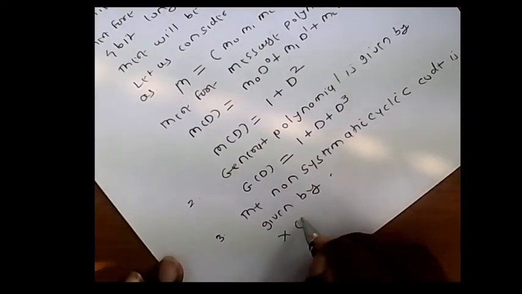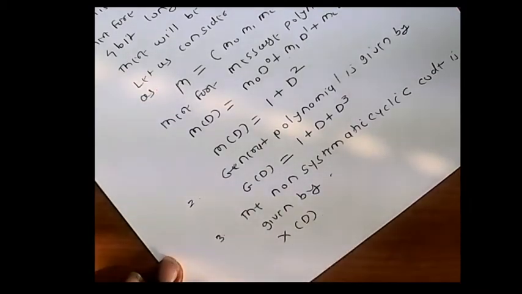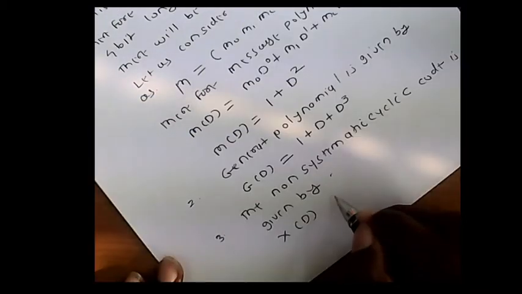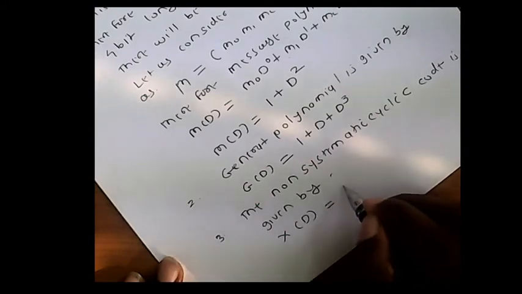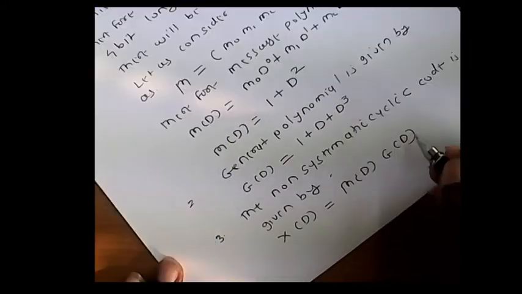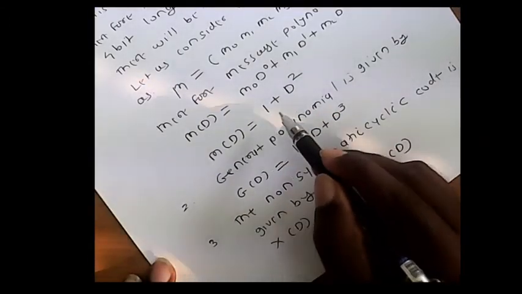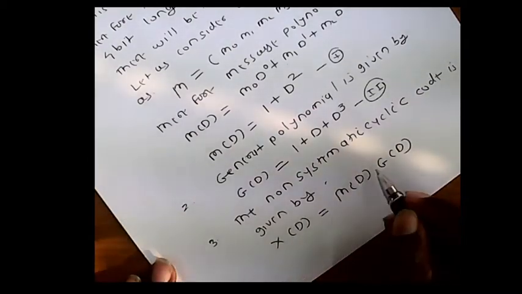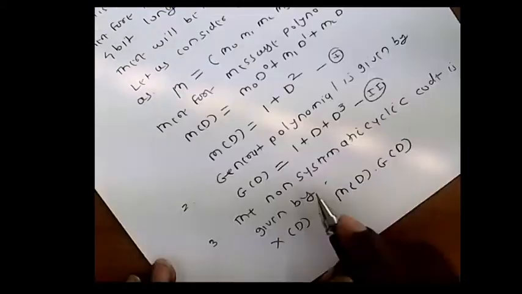X(D) = M(D) g(D), with M(D) from equation number 1 and g(D) from equation number 2. So we multiply the message polynomial with the generator polynomial, and we get the non-systematic cyclic code.